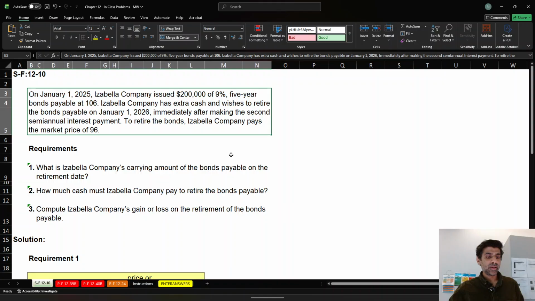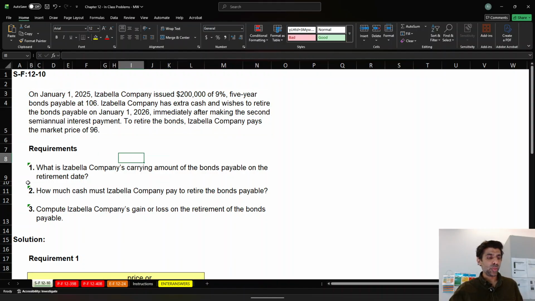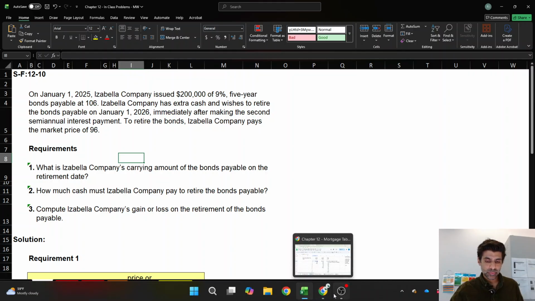Really, the main thing is just the journal entry for retiring the bonds. You can go through step by step. Let's take a couple minutes to do this, and then I'll do it with you. Hopefully by now you have some sense of how to at least start this. So take a couple minutes and see if we can figure it out.